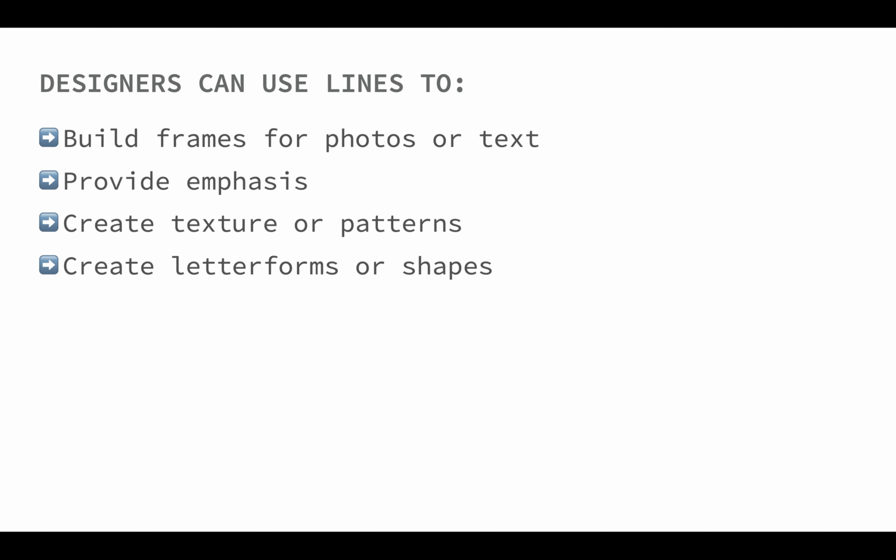of looking at lines. As designers, you can use lines to build frames, go around text, highlight that, go around an image, emphasize something over something else. You can look at texture, patterns, letter forms, all different ways that you can use lines.